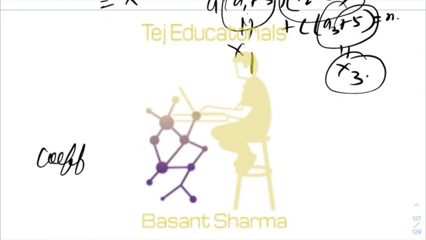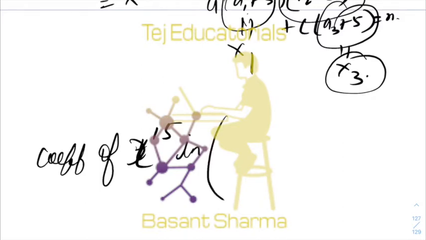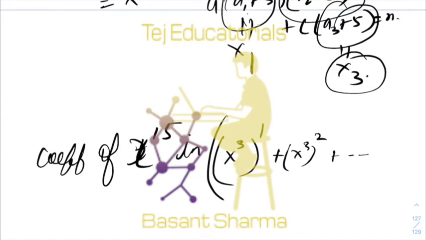coefficient of x to the power 15 in, now x1 is getting pre-multiplied by 3, so you start with x cube. Okay, and the minimum value is 1 plus x cube square, so on till, what is the maximum that it can take?